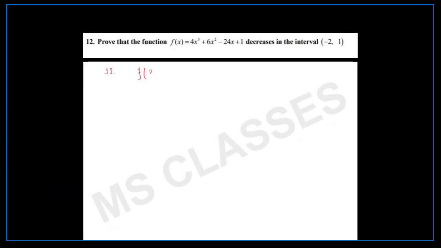f(x) equals 4x cubed plus 6x squared minus 24x plus 1. Now what do you observe? f(x) is a cubic polynomial.